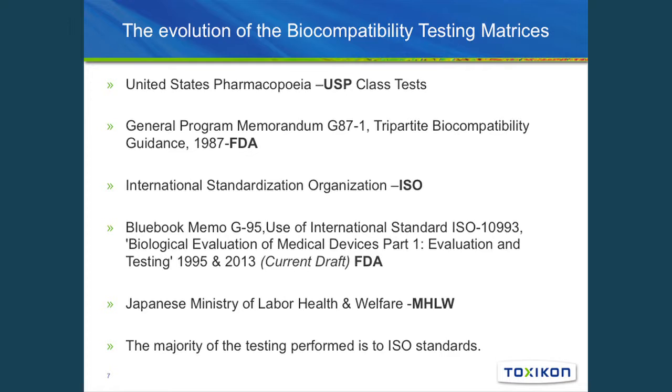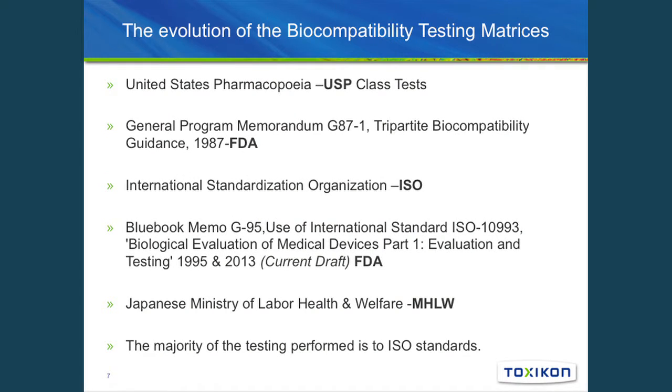From there, it was very evident that there needed to be an international understanding of what biocompatibility is. As the world got smaller and more people are outsourcing overseas, we wanted to all understand biocompatibility. So the ISO 10993 took it upon themselves to pull in experts from around the world to assess and determine what is the thoughts and considerations that we need to have in order to determine if a product is biocompatible.